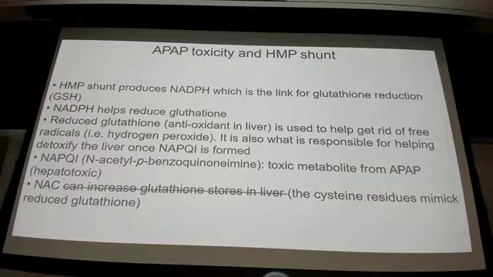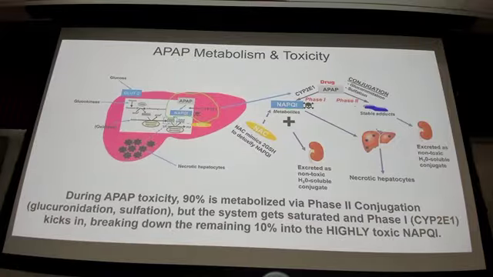Say it again. 2E1, exactly. 2E1 produces a very toxic NAPQI, which is N-acetyl-p-benzoquinone imine, and that is hepatotoxic. So if we run out of glutathione, which would scavenge that, then we would give N-acetylcysteine, and N-acetylcysteine would interact with the NAPQI to produce a non-toxic substance that is then excreted in our urine.